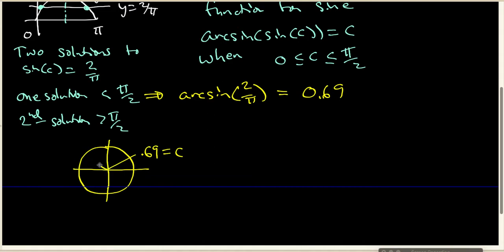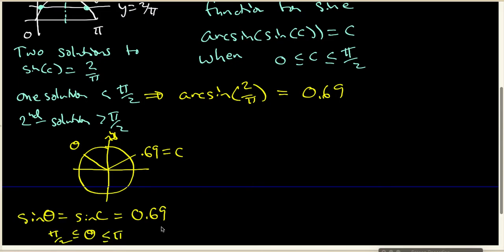If I reflect that across the y-axis, I'm going to get an angle that I'm going to call theta, and the sine of theta is going to be equal to the sine of C. It's going to be equal to 0.69, and theta lives between pi over 2 and pi. In other words, theta is our second solution that we are expecting.